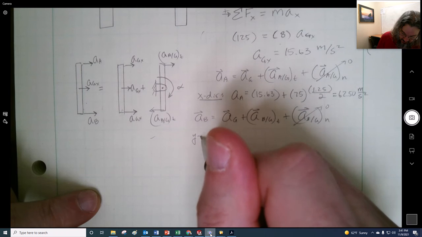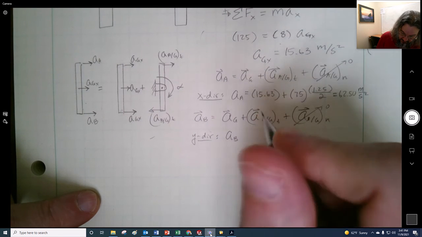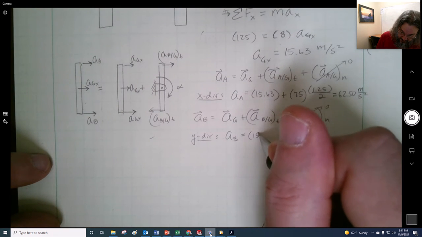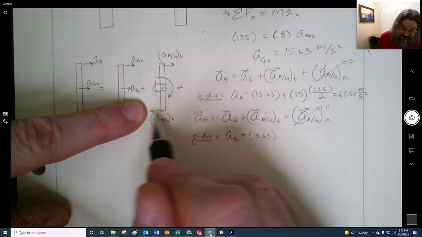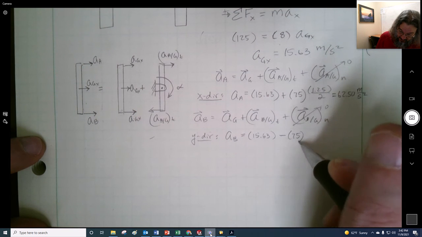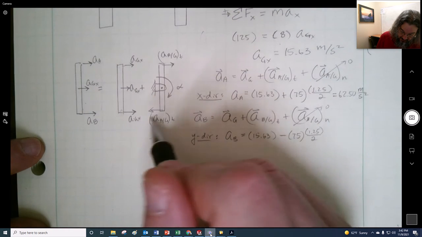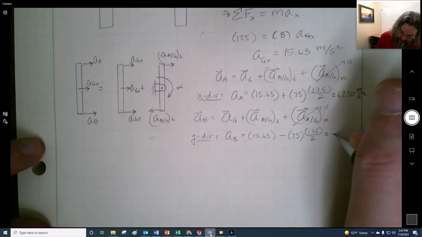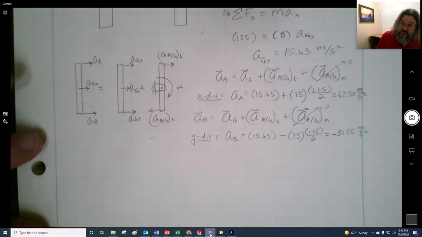Here it is as a scalar in the x direction. And it's going to equal plus 15.63, but then minus, because that's the way this arrow is going because of that time right there, minus our 75 and 1.25 over 2. All right, so it's that angle times that length right there. Angular velocity times that length, angular acceleration, excuse me. And I'm going to end up with a negative 31.25 meters per second squared.